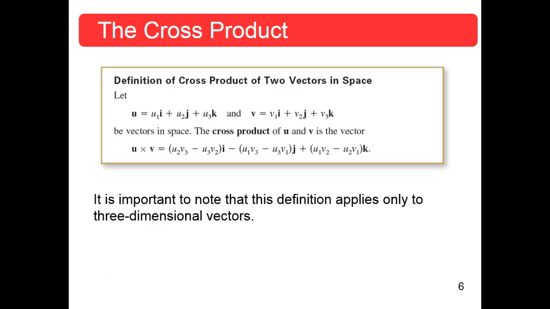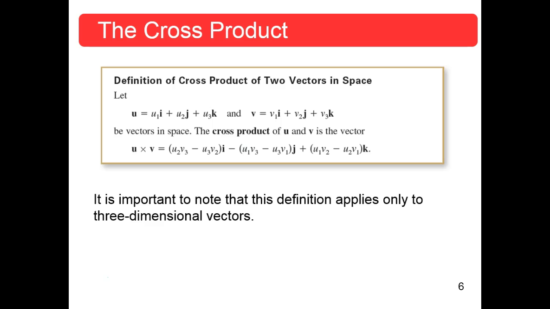It is important to note that this definition applies only to three-dimensional vectors. This won't work for any higher dimensions, nor lower dimension either, I don't think, okay? Only three-dimensional vectors, okay? All right.